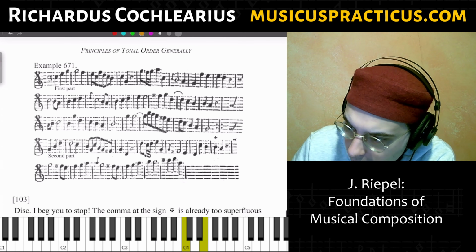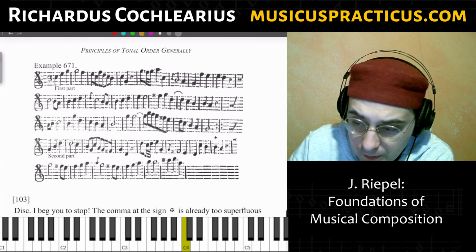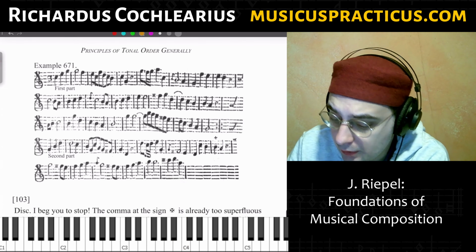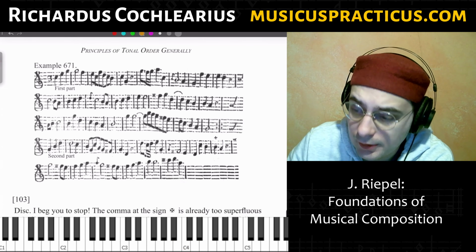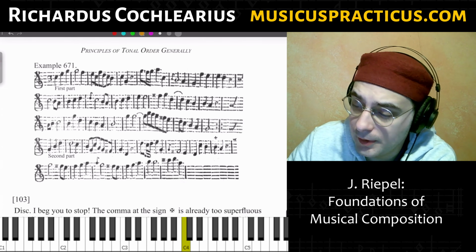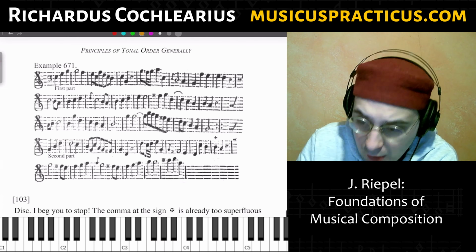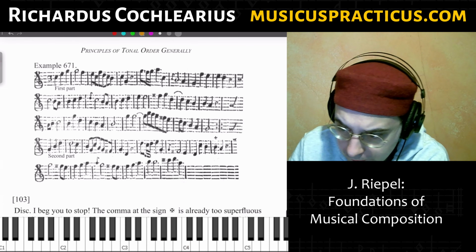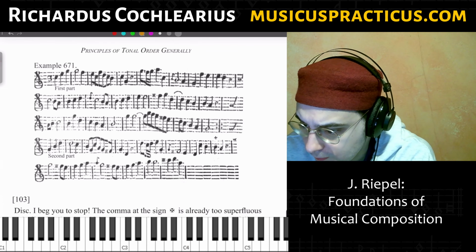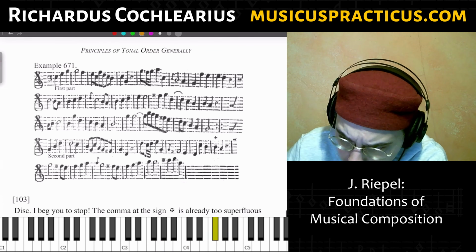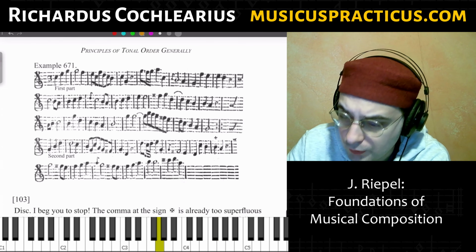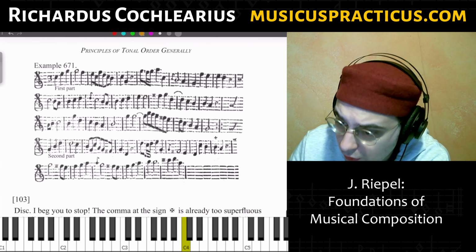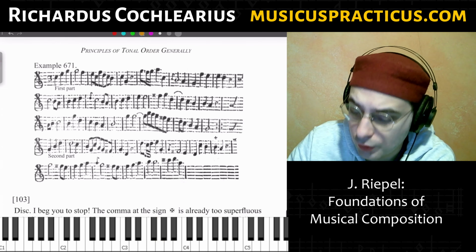Fa, mi, re, fa, mi, re, mi, fa, sol, sol, fa, mi, re, mi, fa, sol, fa, mi, re, ta. One, two, three. Repetition. Mi, sol, sol, fa, mi, do, fa, sol, fa, mi, fa, dum, dum.